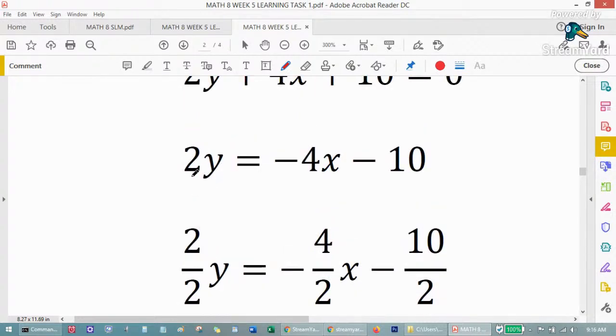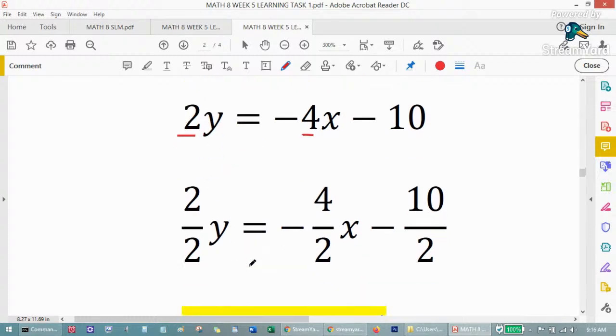So, ginagawin natin is i-divide natin ito, at saka ito ng 2. Okay? Kagaya nito, divide by 2, divide by 2, divide by 2. So, bakit 2? Because ang coefficient ng y is 2. Para mawala tong 2 na to, no?